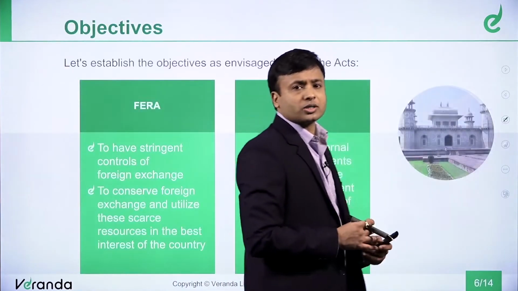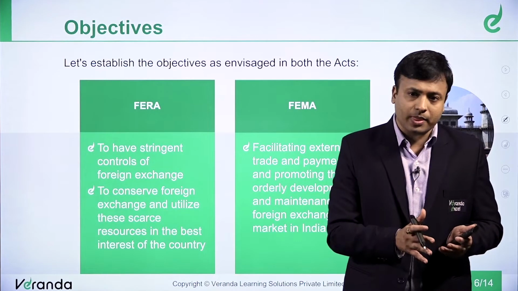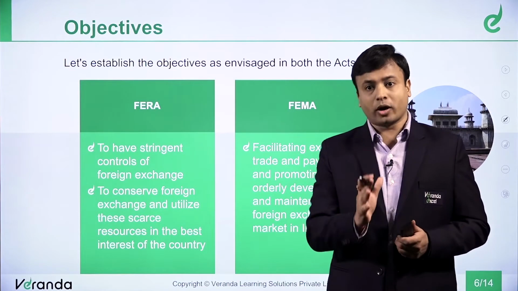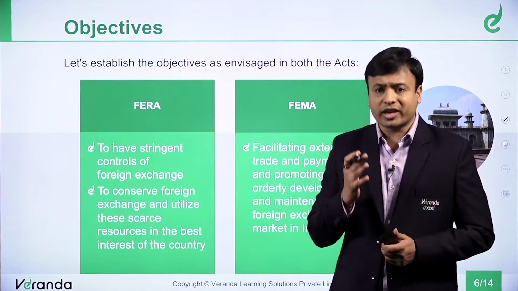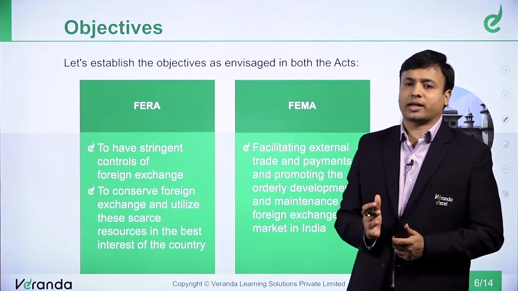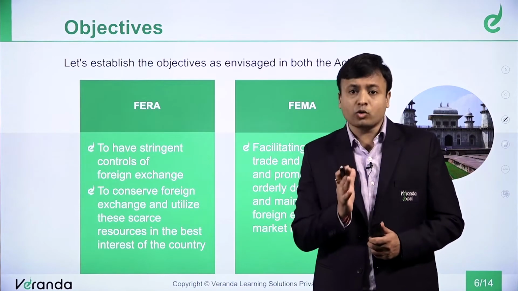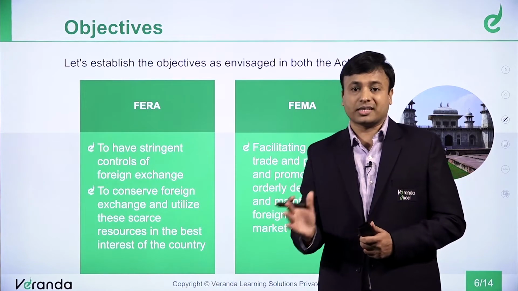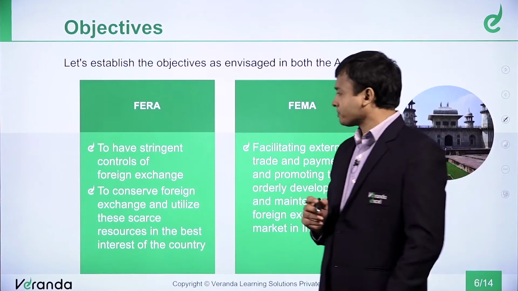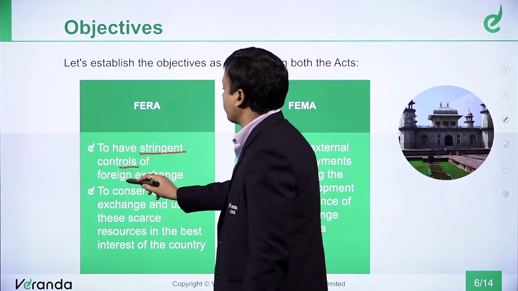Now let us try to understand the fundamental differences between the Act FERA and the Act FEMA. We now understand that the Act FERA was draconian. When I say draconian, it was very stringent. It had very strict measures on the utilization of foreign exchange, and hence we got an act called FEMA, which was meant to facilitate the usage of foreign currency rather than conserve it.